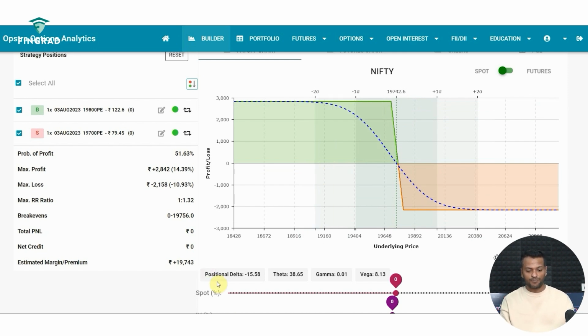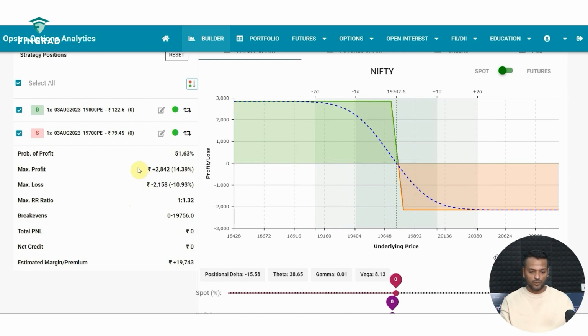Now let us understand the break-even point in this strategy. As you remember, I have bought at the money and sold out of the money, which means I have to pay more premium than what I receive. So how do you reach the break-even point? You take the at the money strike price, which in our case was 19,800.